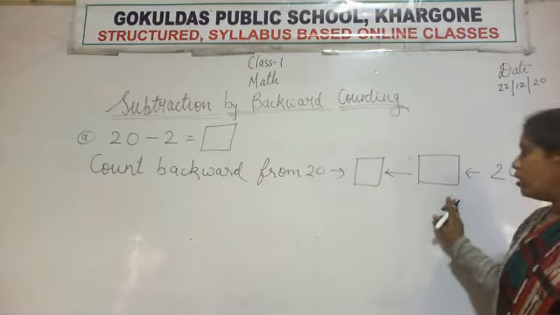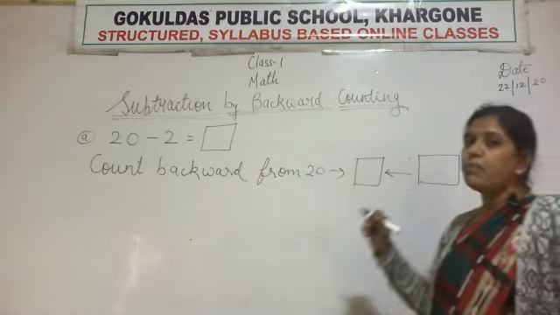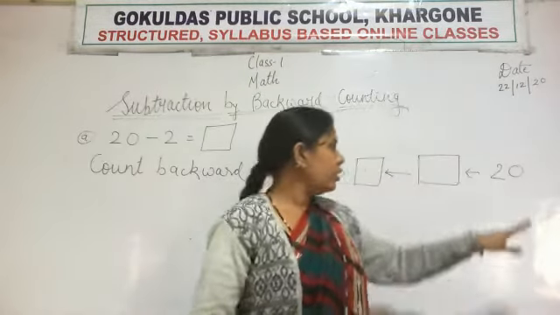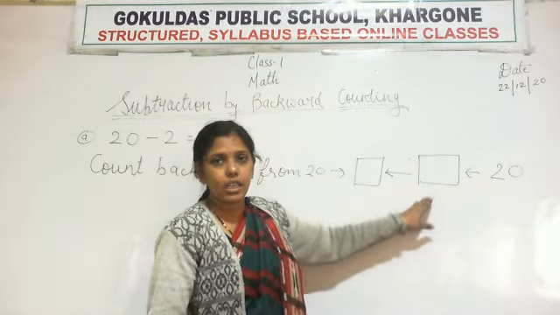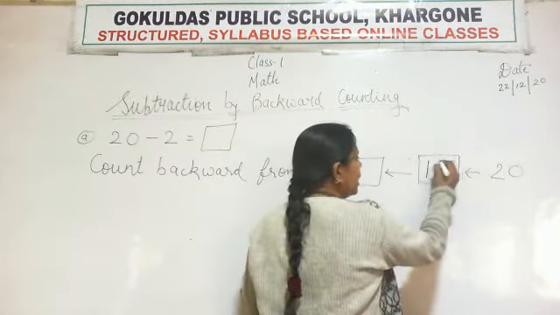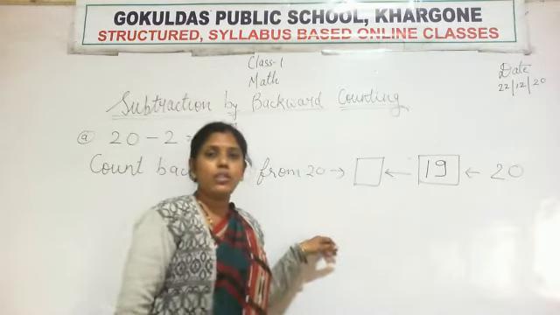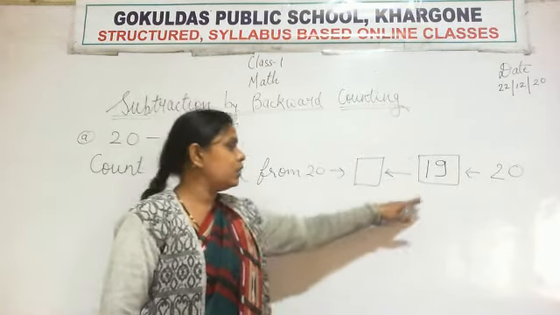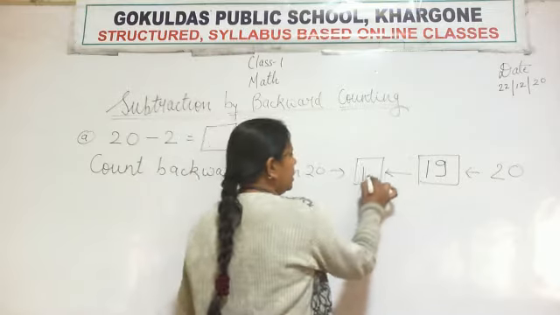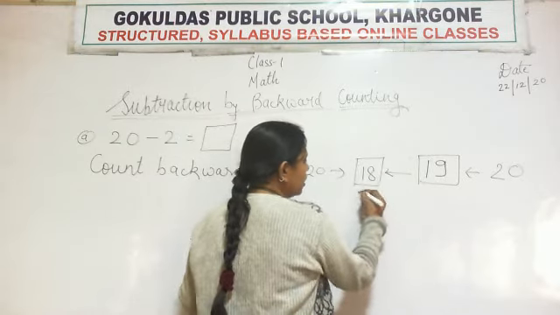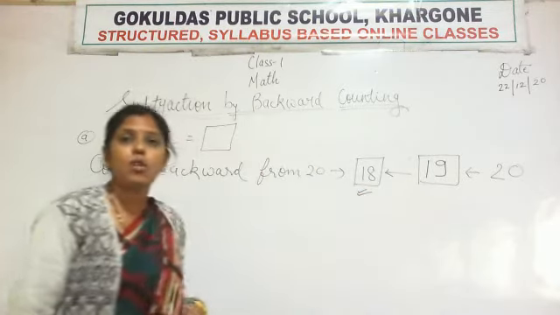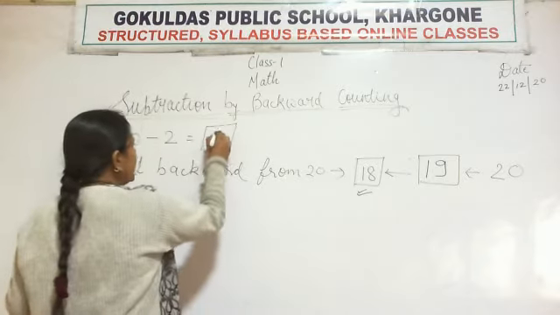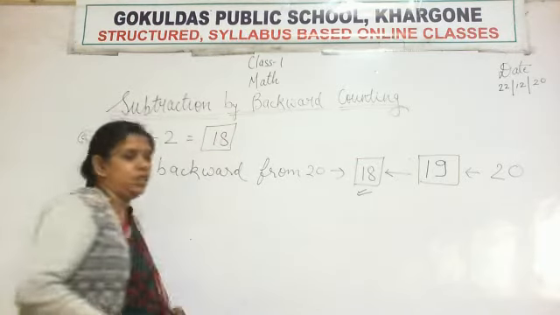Now which number will come before 20? 19. So write here 19. Now which number will come before 19? 18. So write here 18. So what is the number in the last box? 18. Write fast.